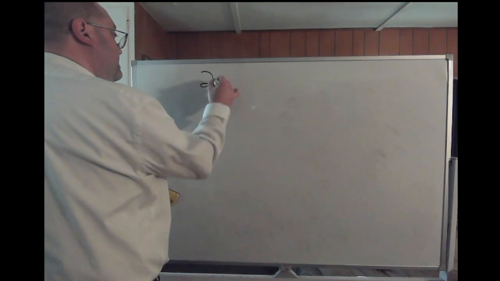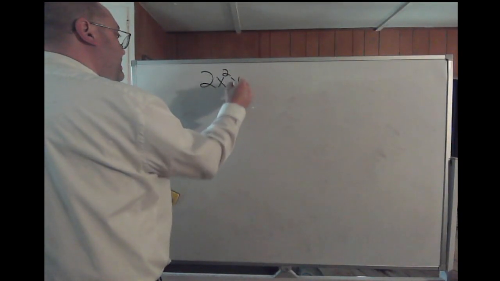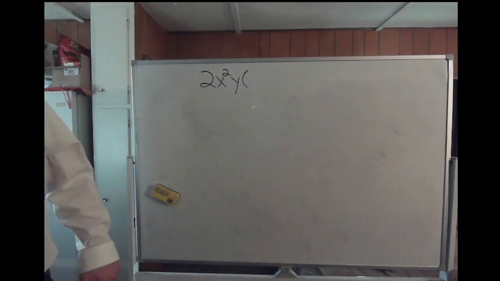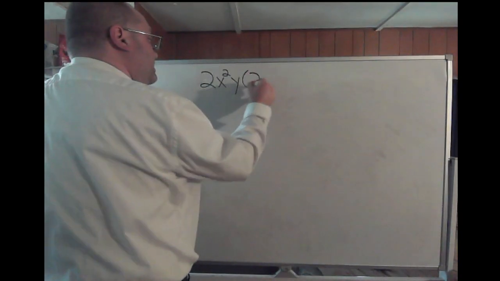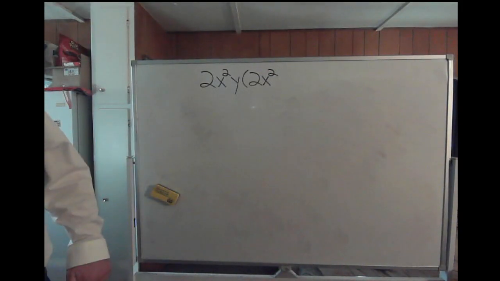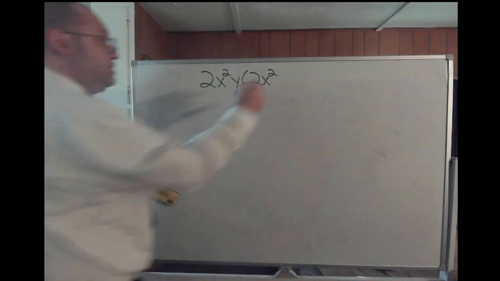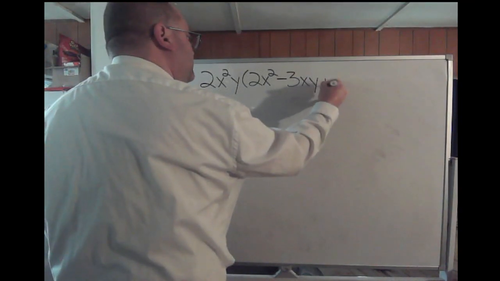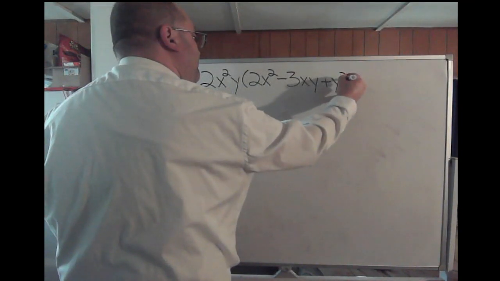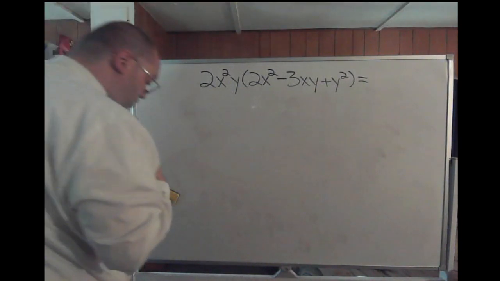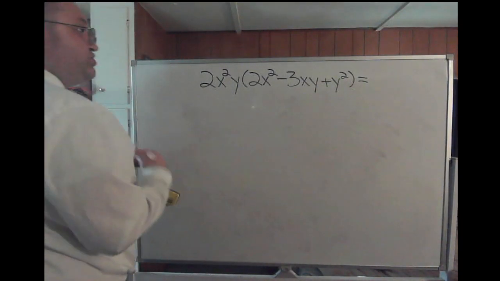Alright, let's see. We got 2x squared y times the quantity of 2x squared minus 3xy plus y squared. Alright, so again, it's the distributive property.